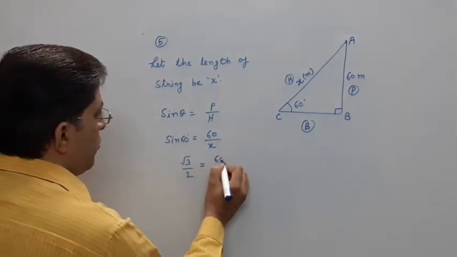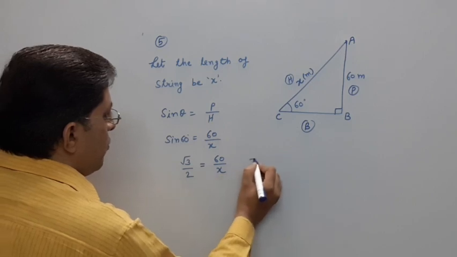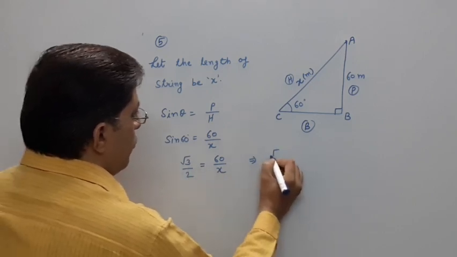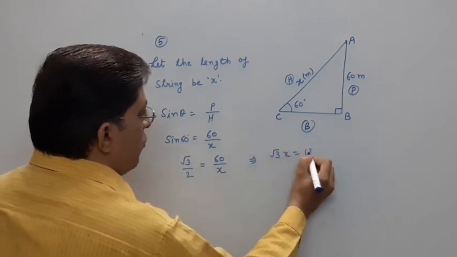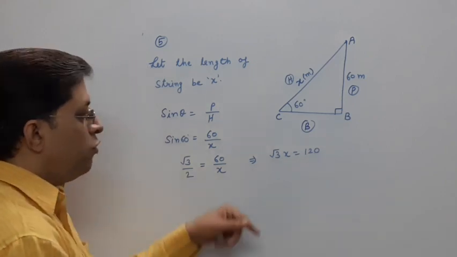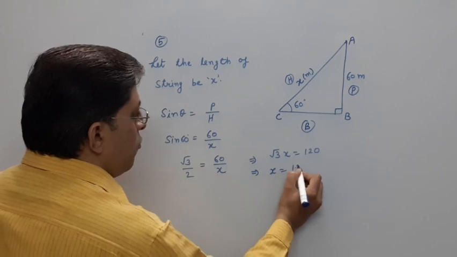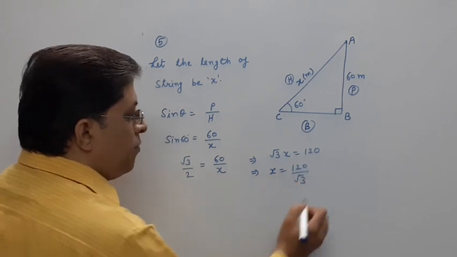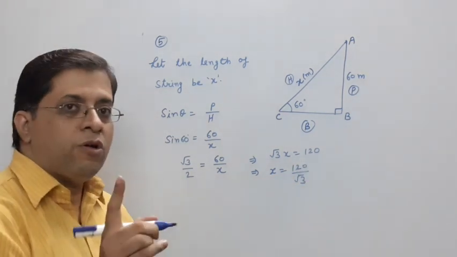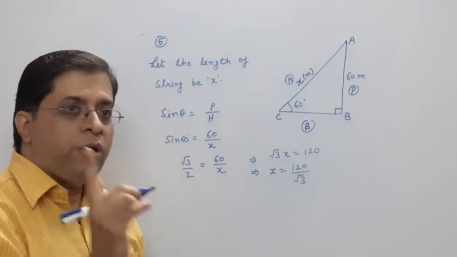60 upon x. What will come? Root 3 x is equal to 120 by cross multiplication. Then x will be 120 upon root 3. Then what to do? I have to do rationalization.